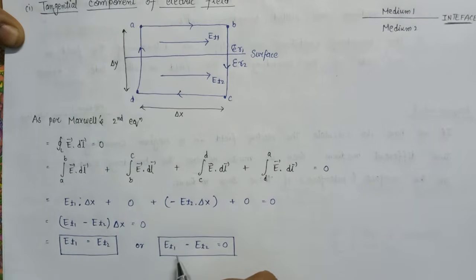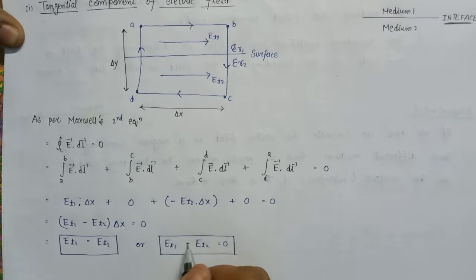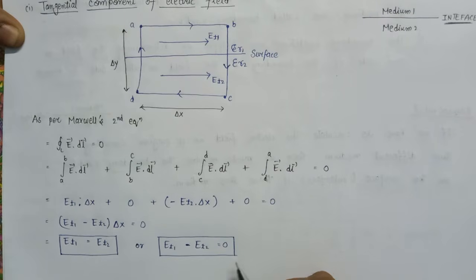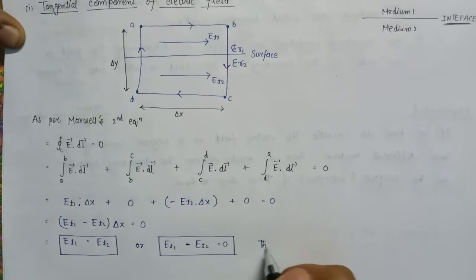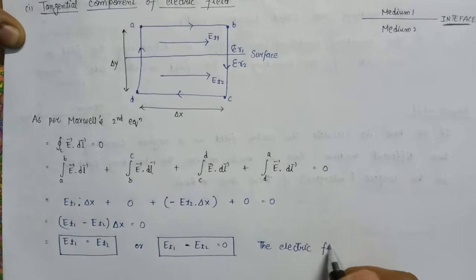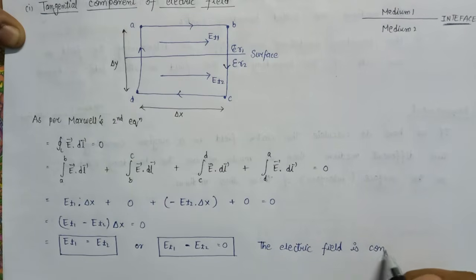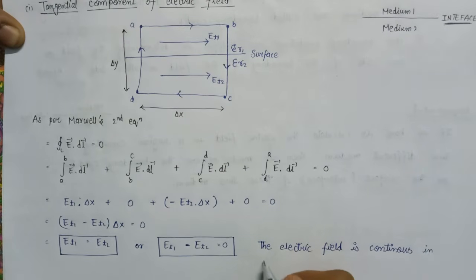Since ET1 minus ET2 is equals to 0, that's why we can say that the electric field is continuous for tangential component.